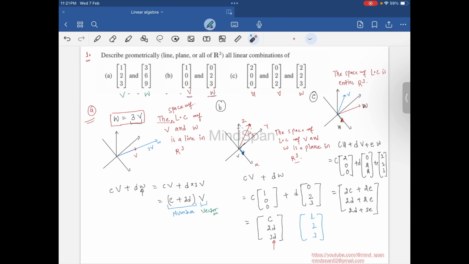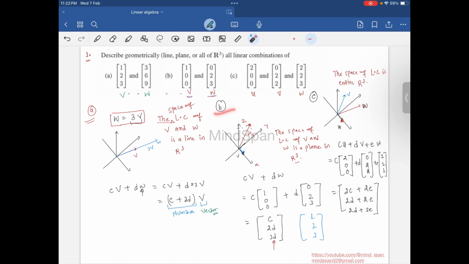In the earlier case, you can pick any value of c and d, and in this three-dimensional space you are going to be only on this line. You cannot go beyond this line. You can explore your space with any value of c and d only onto this line, and this line can be from minus infinity to plus infinity.